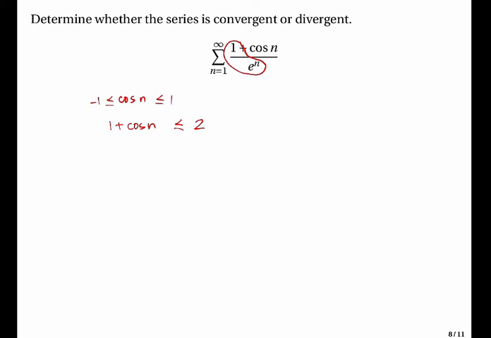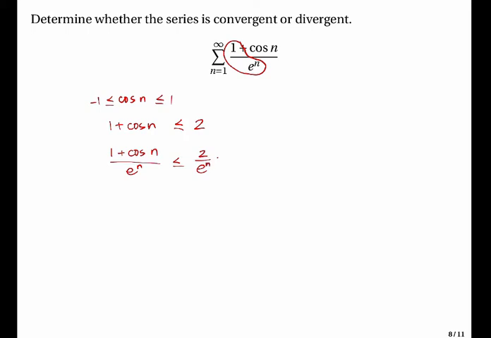And therefore, we have 1 plus cosine of n divided by e to the n less than or equal to 2 over e to the n. And therefore, we will compare this series here with the series with terms 2 over e to the n. And then we can just factor out that 2, and therefore, we can actually compare this with 2 times the series 1 over e to the n.